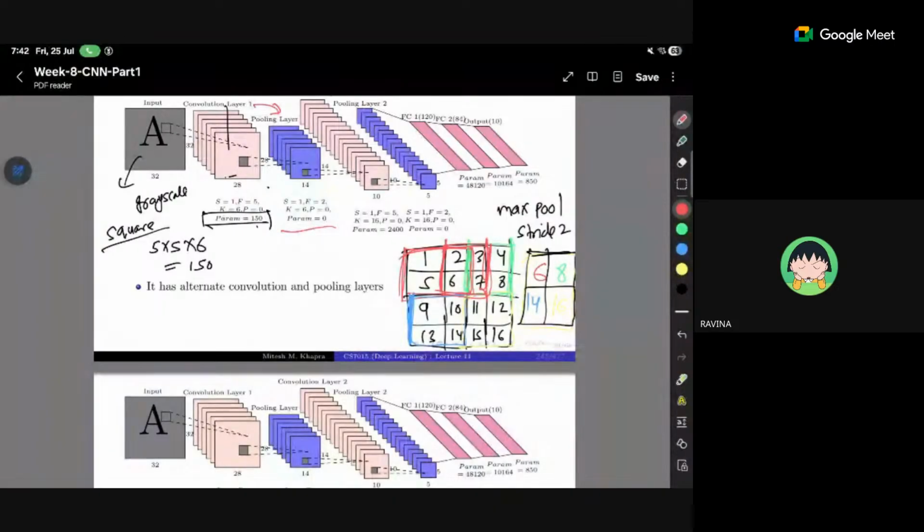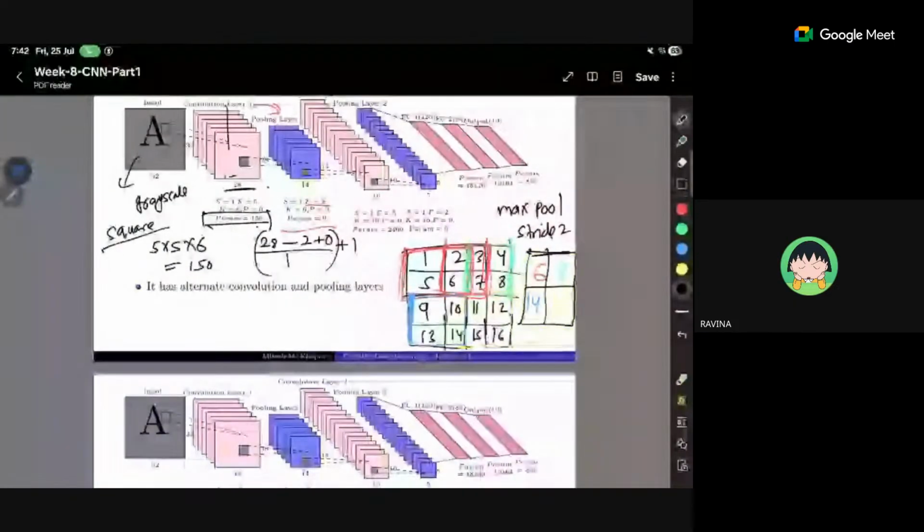Okay. So here, if I calculate, 28 is my input size, and filter size is 2, and there is no padding, and stride is also 1, right? So this is how I'll get 26 by 1.